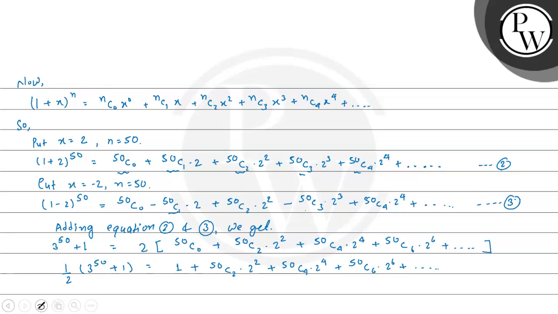So we can write, using equation 1, that 1 + 50C2 multiplied by 2^2 + 50C4 multiplied by 2^4 + 50C6 multiplied by 2^6 plus and so on is equal to 1/2 of (3^50 + 1). So this will be our final answer.